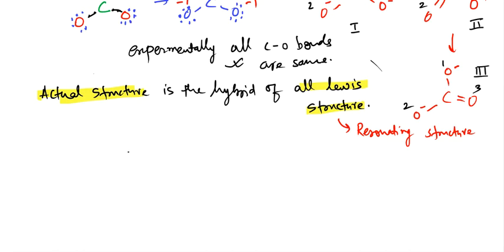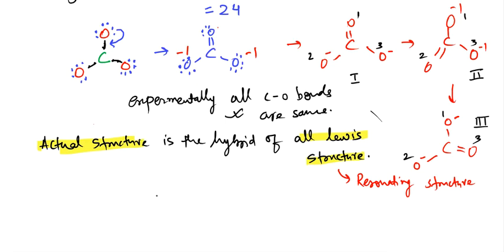Let me draw the hybrid of all the Lewis structures. If you take carbon, then you have oxygen, oxygen, oxygen here. The bond between carbon and each oxygen will not be a double bond or a single bond, because if you take the average of the bonds, it will be more than 1 and less than 2.